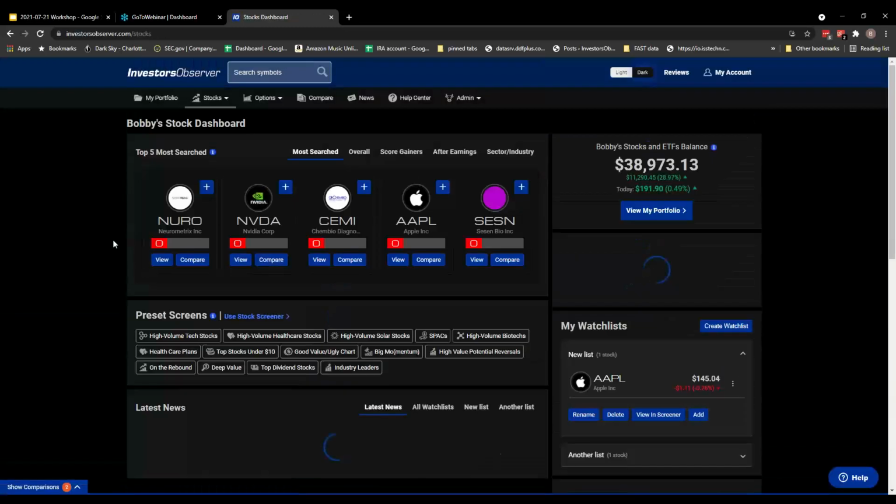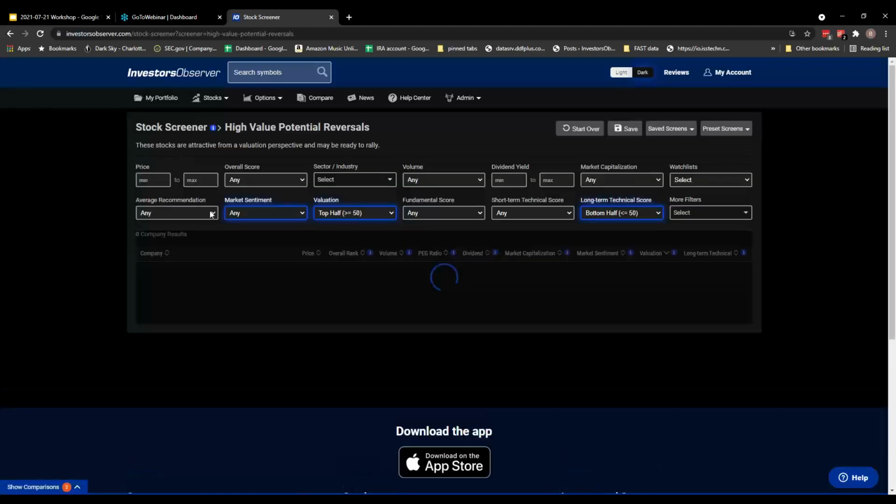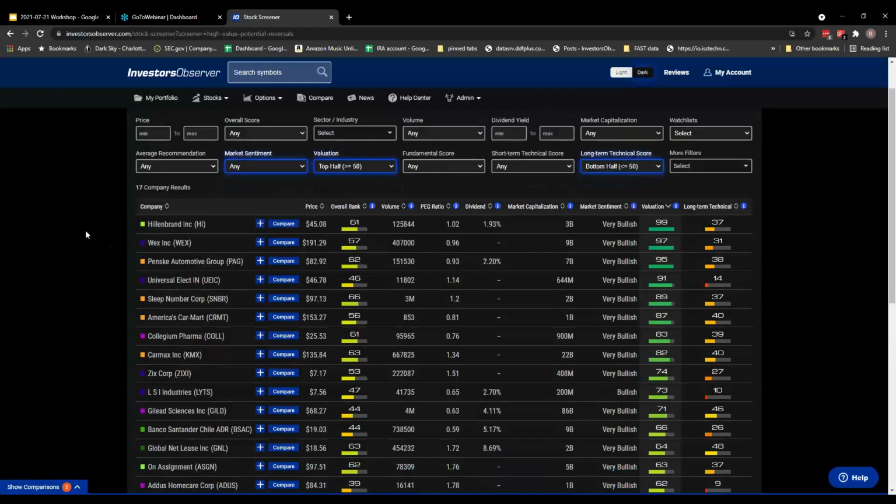If you go to the stock dashboard, something like deep value or on the rebound, or high value potential reversals. Okay, what we're doing here is we're looking for things that have high valuations and low long-term technical scores. So the price has been going down or the price hasn't been performing along with the market, but the valuation is pretty attractive, right? That's how you find kind of buy and hold things.